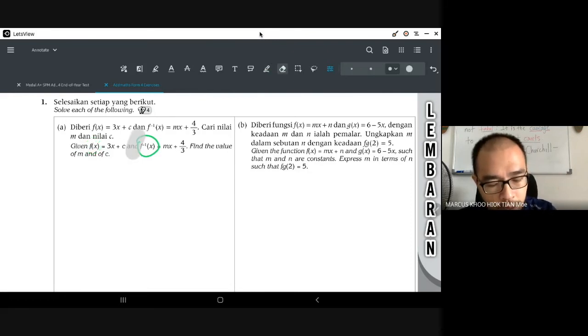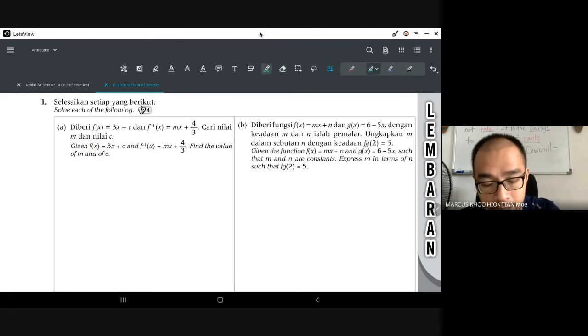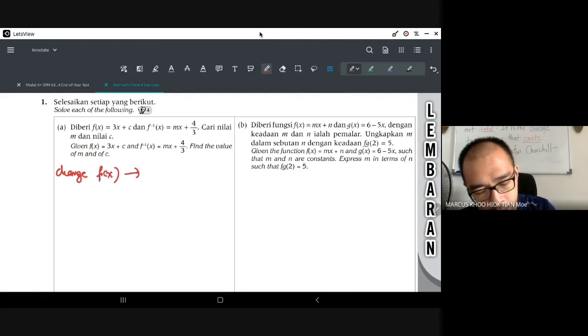So if it is not the same, we need to find a way to make it the same. And the only way to make it the same is change f(x) to become f minus 1 of x.